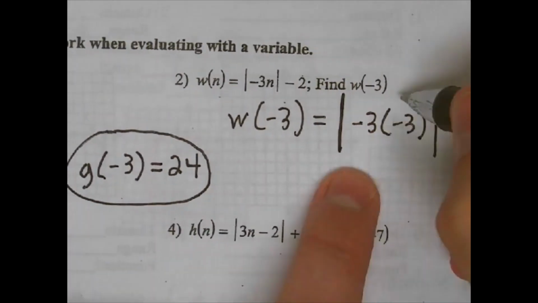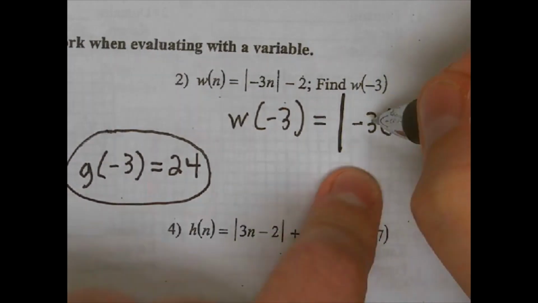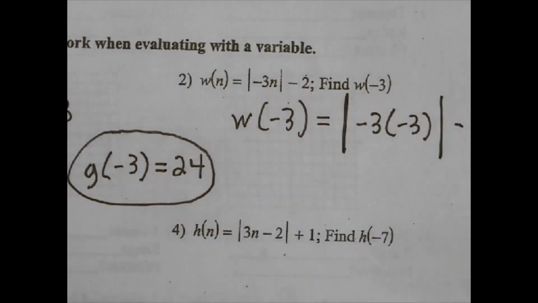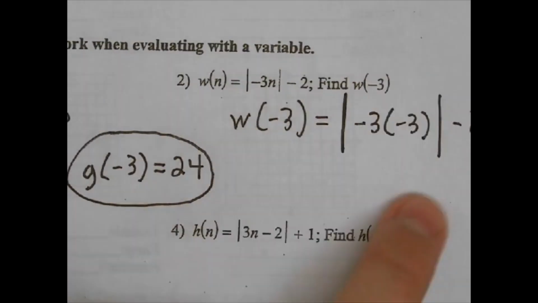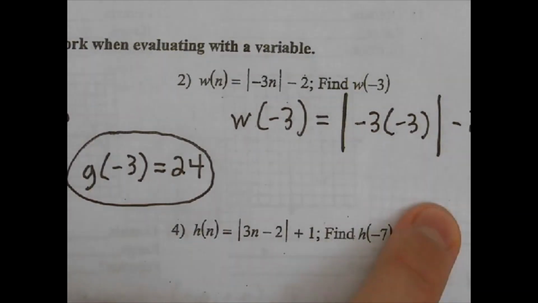So I need to look at this first part here. What is -3 times -3? 9. Now, does it matter in this case if the 9 was positive or negative? No, because if this was a 9 or a positive 9, when I take the absolute value of it, what's the answer? +9, right back out.